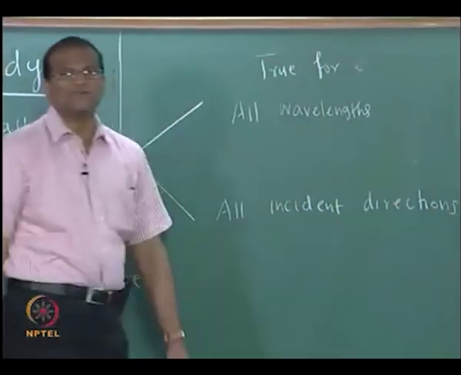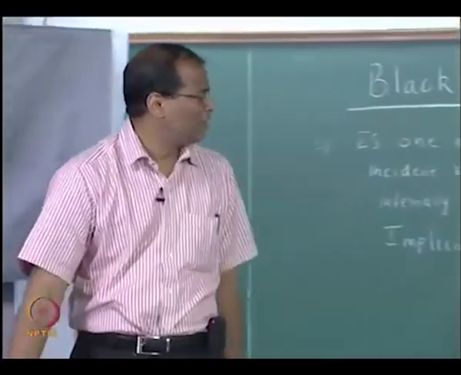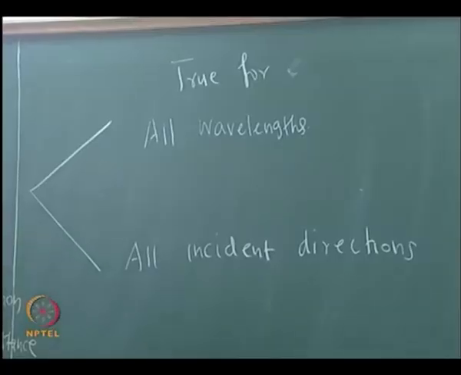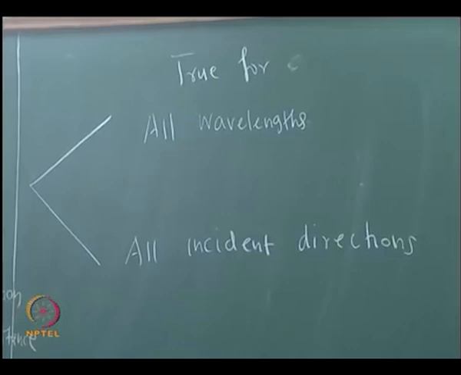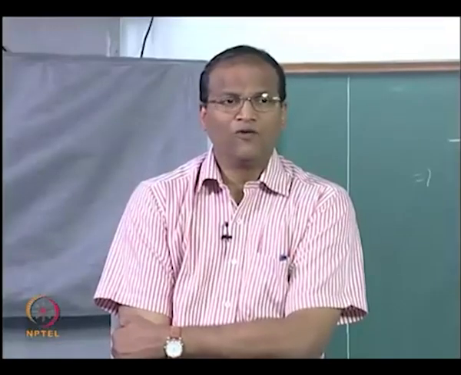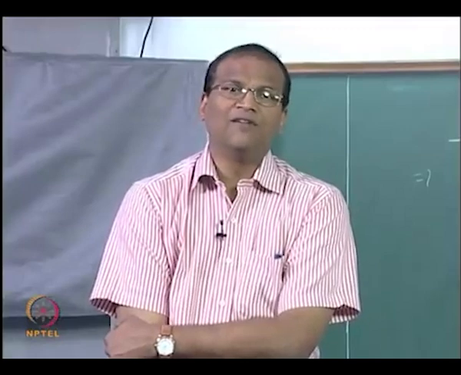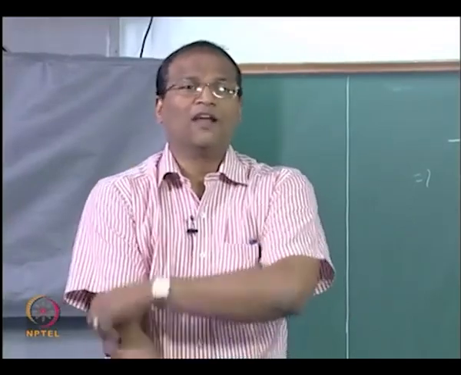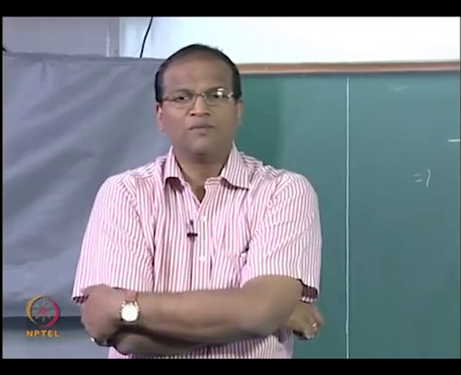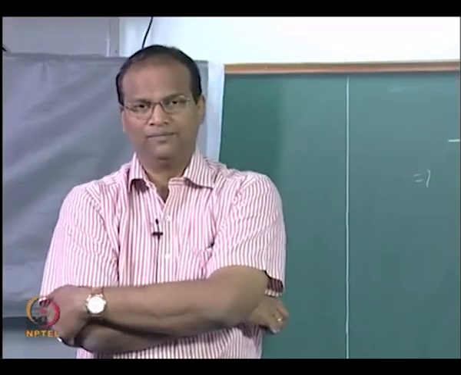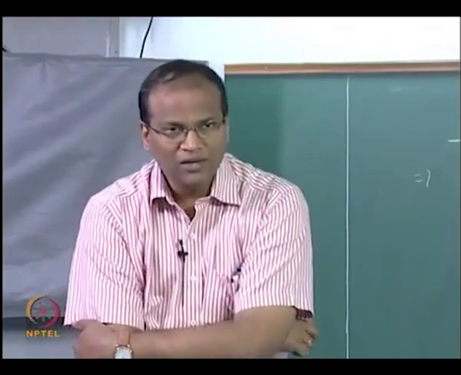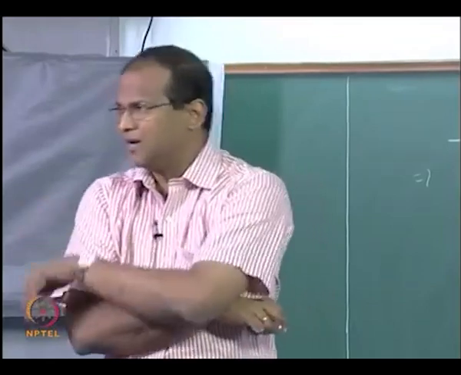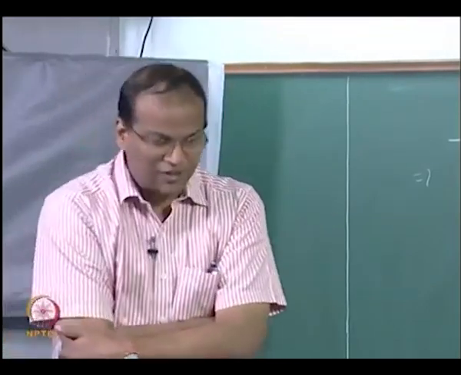So this is valid for all wavelengths and it is valid for all incident directions. So therefore for a given wavelength and in a given incident direction, there cannot be any body which absorbs more radiation than a black body. Any real body has to absorb a radiation which is lower than that of the black body.